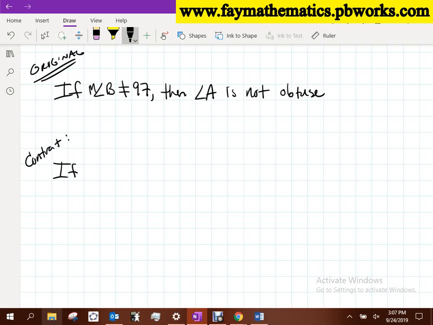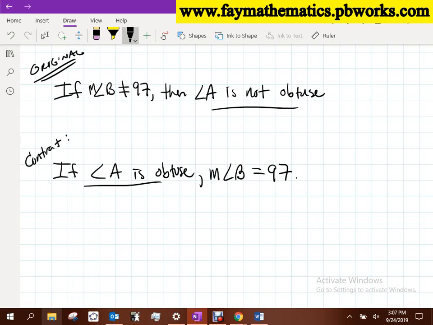So if I say, if angle B is obtuse, I'm taking the conclusion and putting it as the hypothesis here, and I'm negating it, right? And then I'm going to do the same thing here: then the measure of angle B equals 97.